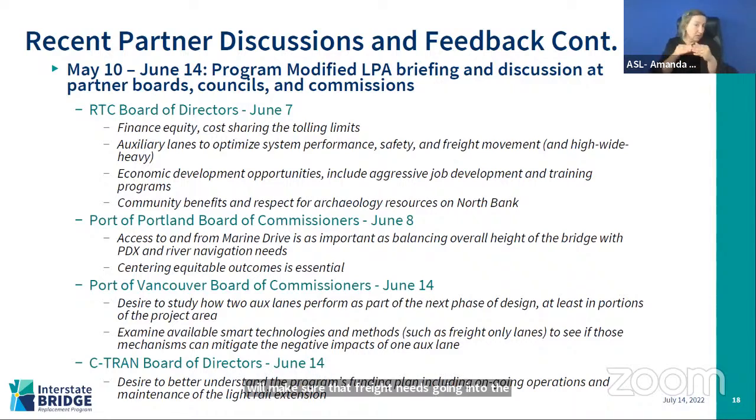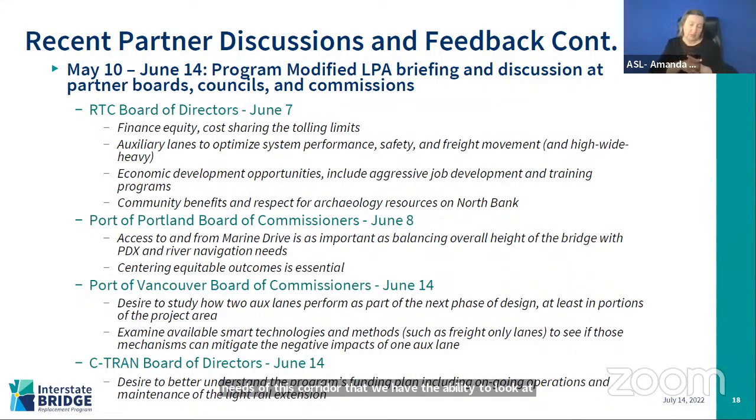The Port of Vancouver, once again, wanted to make sure that if one auxiliary lane does not serve the future needs of this corridor, that we have the ability to look at 2 auxiliary lanes or other designs that will address those concerns.